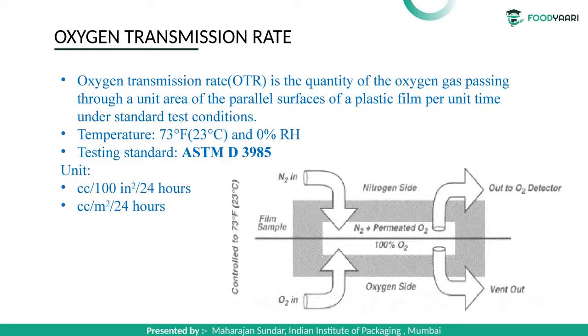After 24 hours, this gas mixture of N2 plus permeated O2 is vented out. There will be an oxygen sensor, and the oxygen sensor will detect the percentage of oxygen permeated through the plastic film or the film sample.